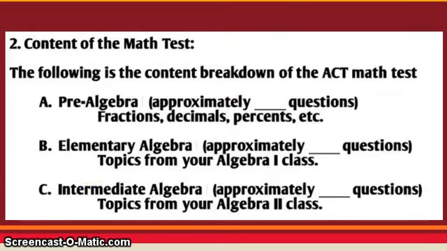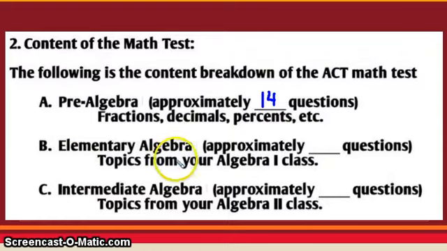The content on the math test, and this is important, the following is the breakdown of what you will find on the math test. The pre-algebra section, there are literally 14 questions approximately on pre-algebra on the ACT. This includes fractions, decimals, percents, basic junior high math.